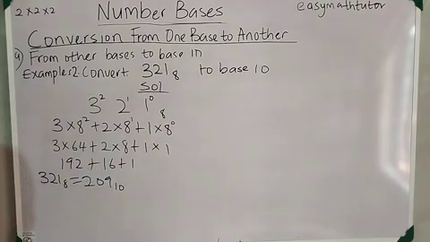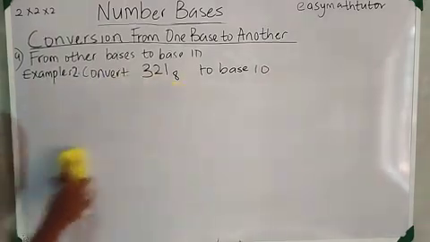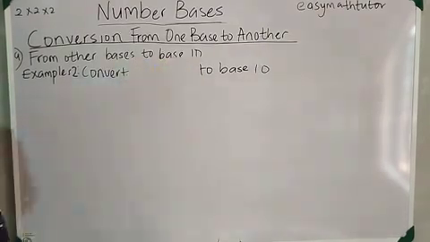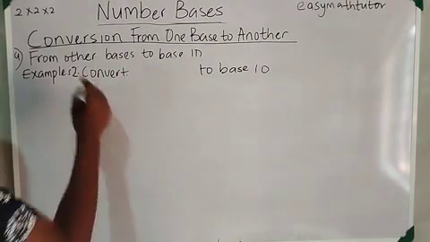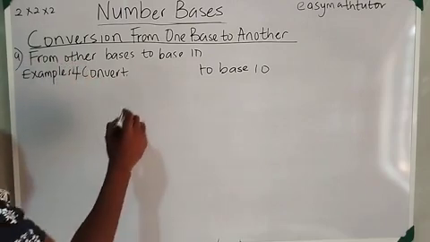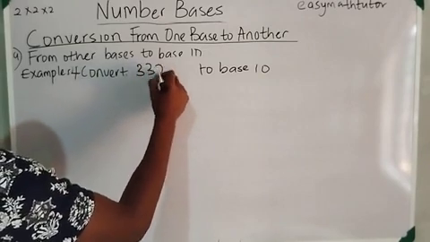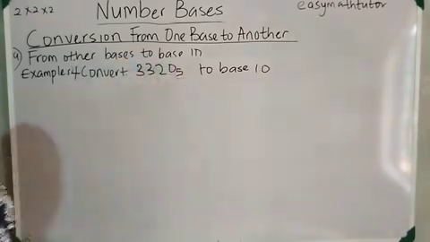Let us solve another example using yet another base. This would be example 4. And we are told to convert 3,320 in base 5 to base 10.